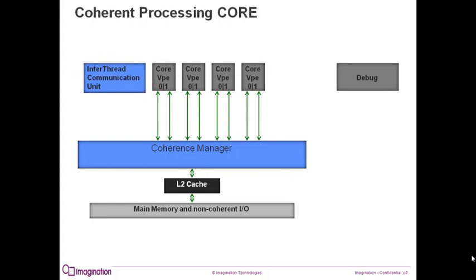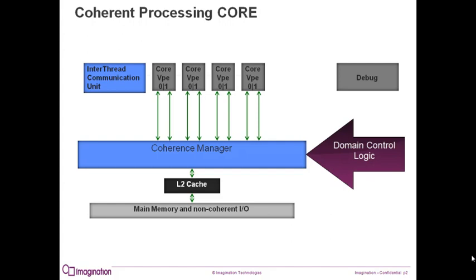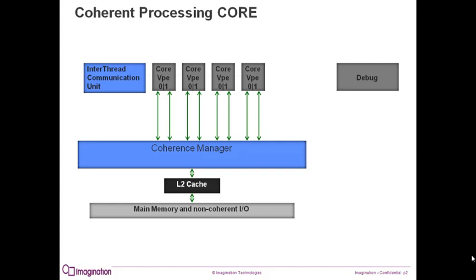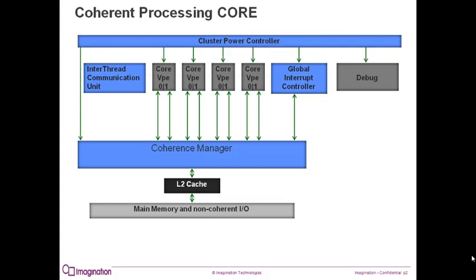A coherency manager, or CM, is the cache coherence domain control logic. A global interrupt controller, or GIC, is the system interrupt control logic. The cluster power controller, or CPC, is the power domain control logic.